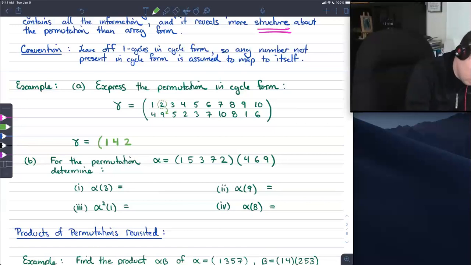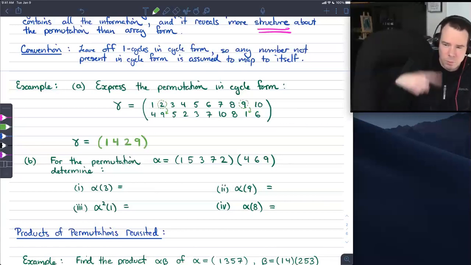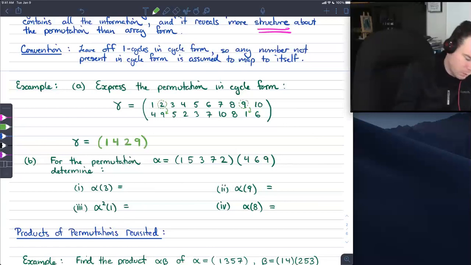So it takes 2 and sends it to 9. Where does it send 9? I look at the array form. 9 gets mapped to 1. Okay, so 9 goes back to the number I started with. So there's my first cycle. It's a 4 cycle. So it's just permuting 1, 4, 2, and 9 amongst themselves.